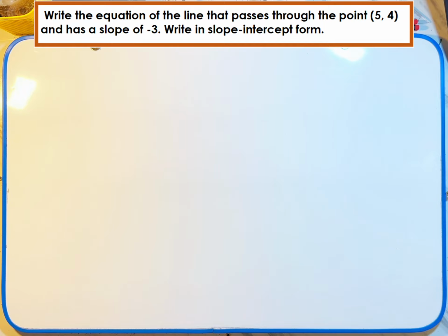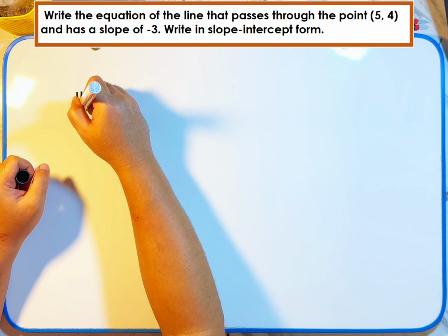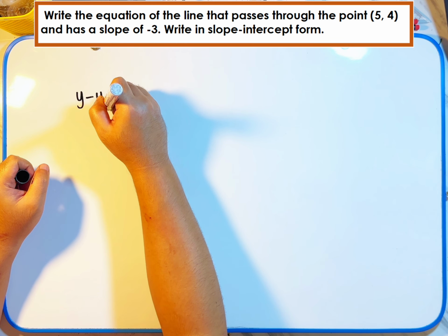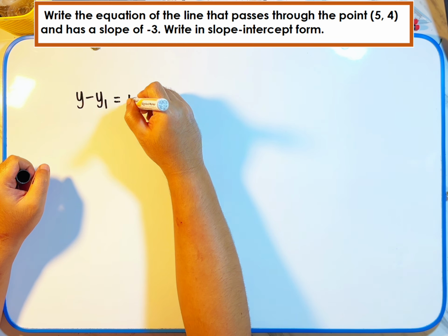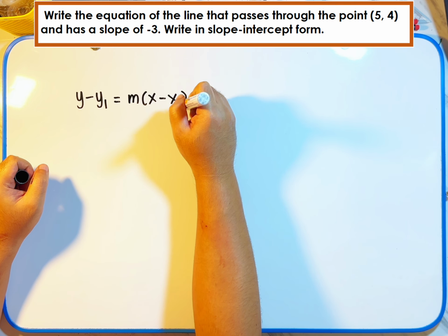Next problem. Write the equation of the line that passes through the point 5, 4 and has a slope of negative 3. Okay, so let's copy the point-slope form. y minus y sub 1 equals m times x minus x sub 1.